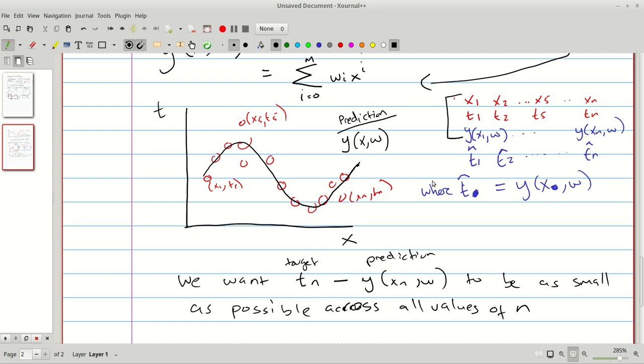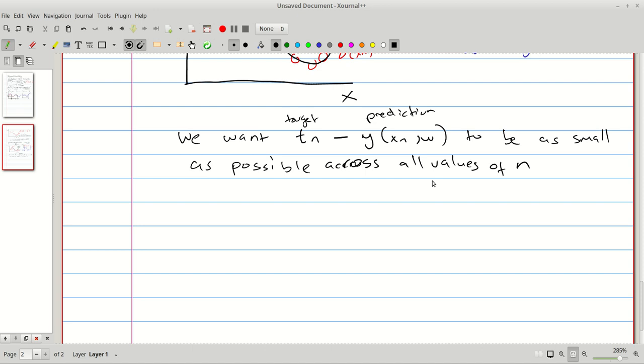Well, it's not actually that difficult. We just solve a minimization problem. So we consider the difference between tn and yn, the difference between target minus prediction. This is what we call the error. Because if they differ by some value, that means we're off by that value. So that's what we consider to be the error.